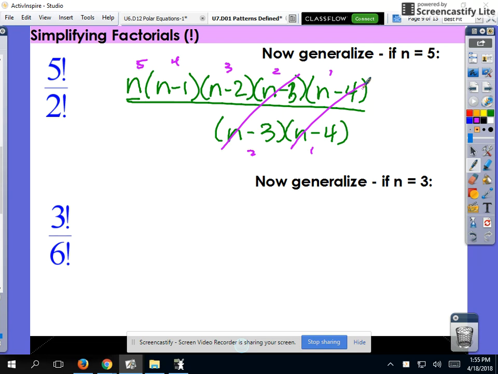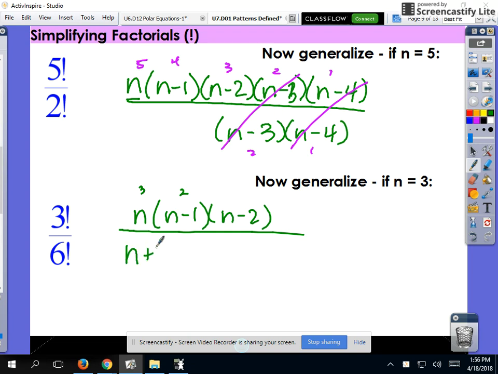Let's simplify 3 factorial with the same idea, but now we generalize n equals 3. So for n equals 3, we have n minus 1, so that would be 2. This is 3, this is 2. If I want 1, that would be n minus 2. How much do we have to add to 3 to get 6?